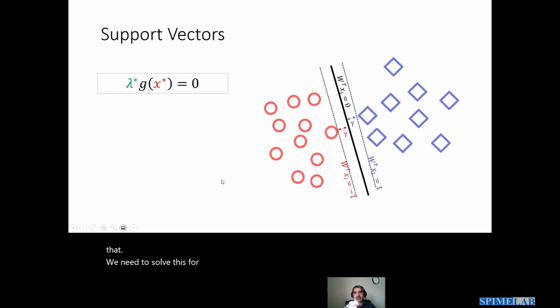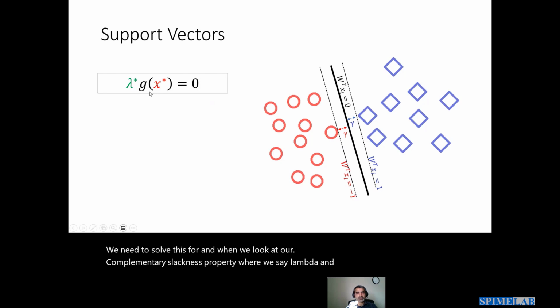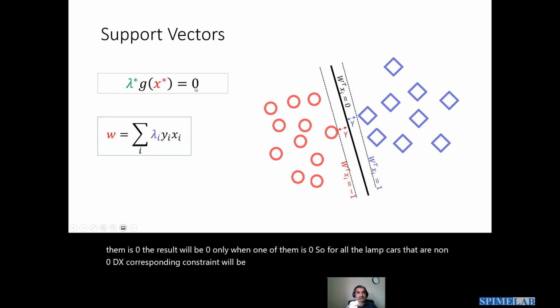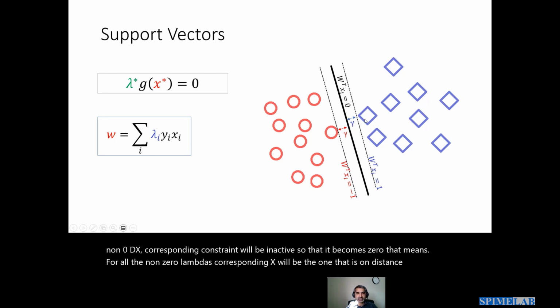When we look at our complementary slackness property, where we say lambda and the constraint, the result will be 0 only when one of them is 0. So for all the lambdas that are non-zero, the corresponding constraint gx will be inactive, so that it becomes 0. That means for all the non-zero lambdas, the corresponding x will be the one that is at distance 1 from the class boundary.